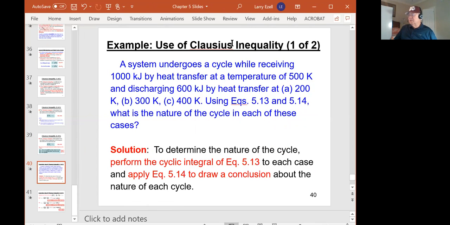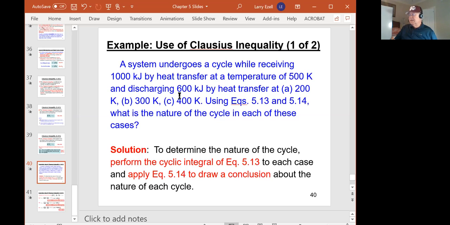Here's a good example that'll clarify this. A system undergoes a cycle while receiving 1,000 kilojoules of heat transfer at a temperature of 500 K. So 500 K is your thermal reservoir temperature, pushing 1,000 kilojoules of heat in. And you're discharging 600 kilojoules by heat transfer at these different temperatures.